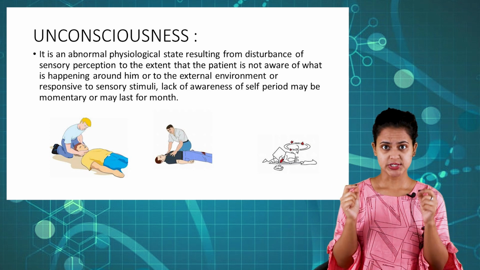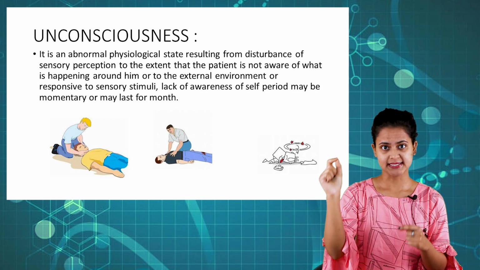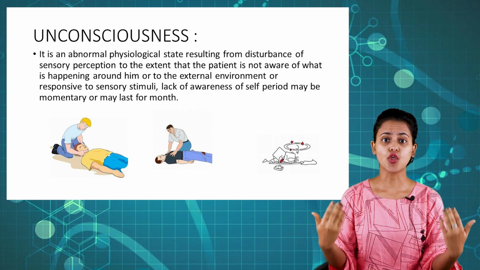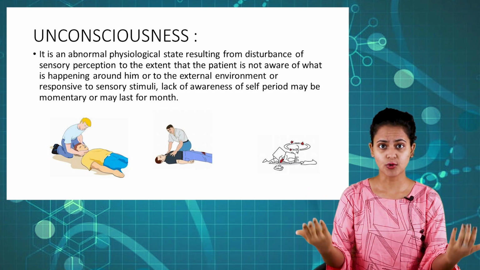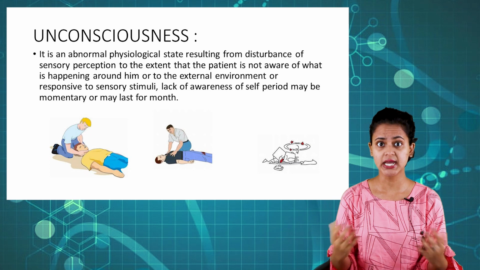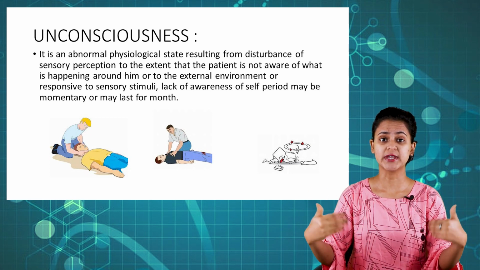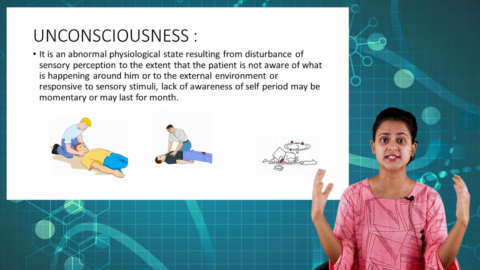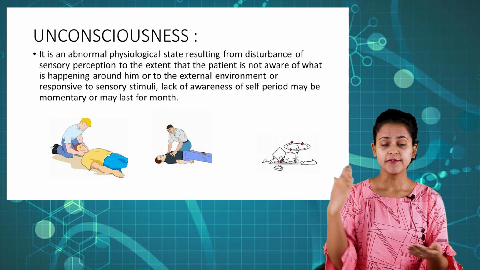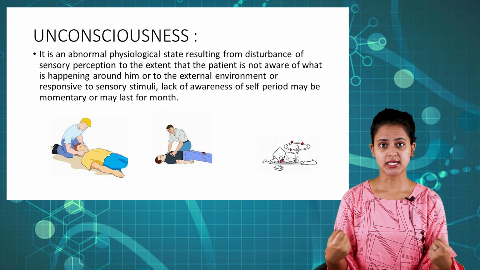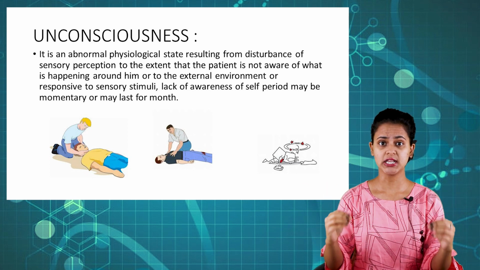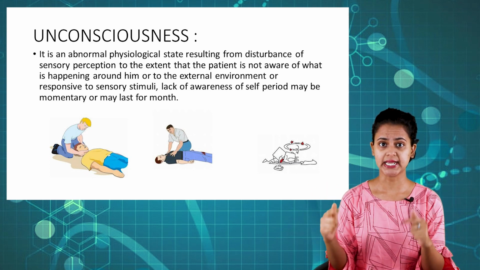The disturbance of sensory perception is to such an extent that the person will not be able to respond to external stimuli, and sometimes will not be aware of their external environment. So with a condition like unconsciousness, a person will not be aware of their surroundings.